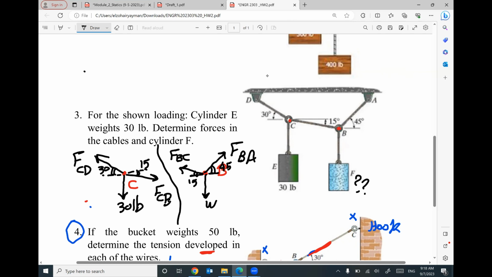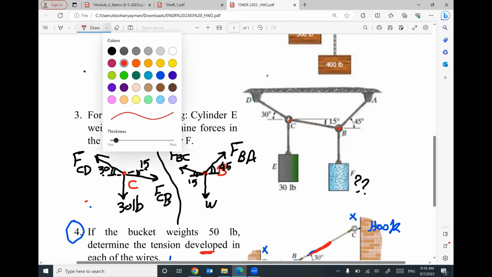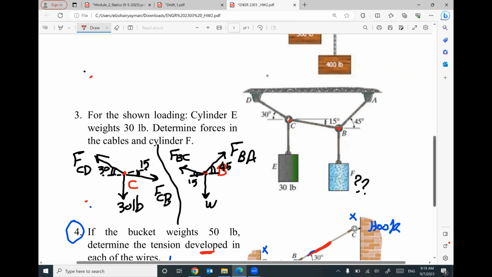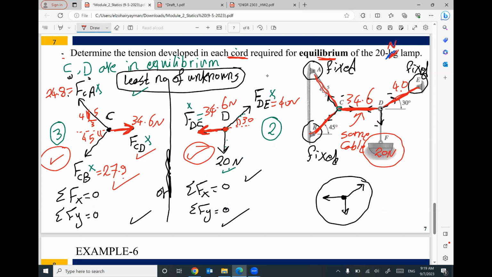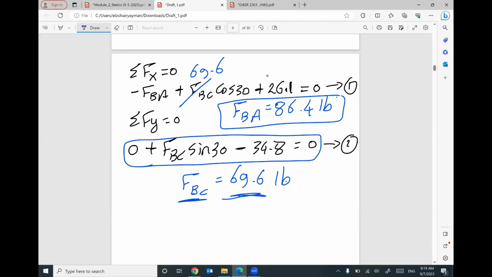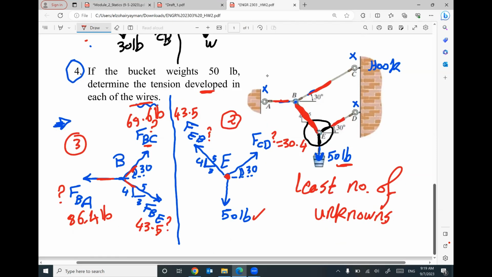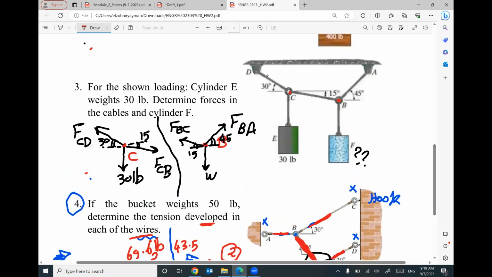So we have 2 problems. Exactly like we did in this problem, like we did in this example. That makes sense? One more time, if you want. At C, we have this vertical weight, we have this force, and we have this force. That makes sense?